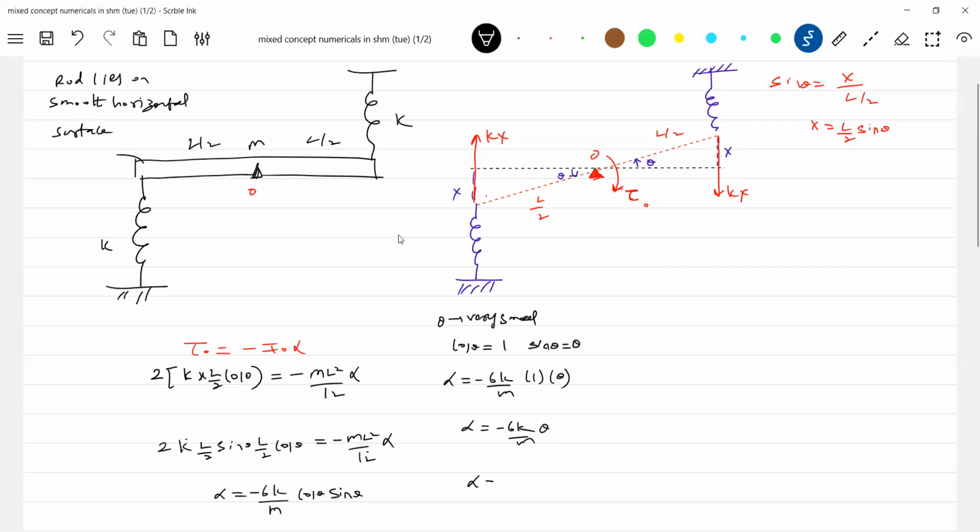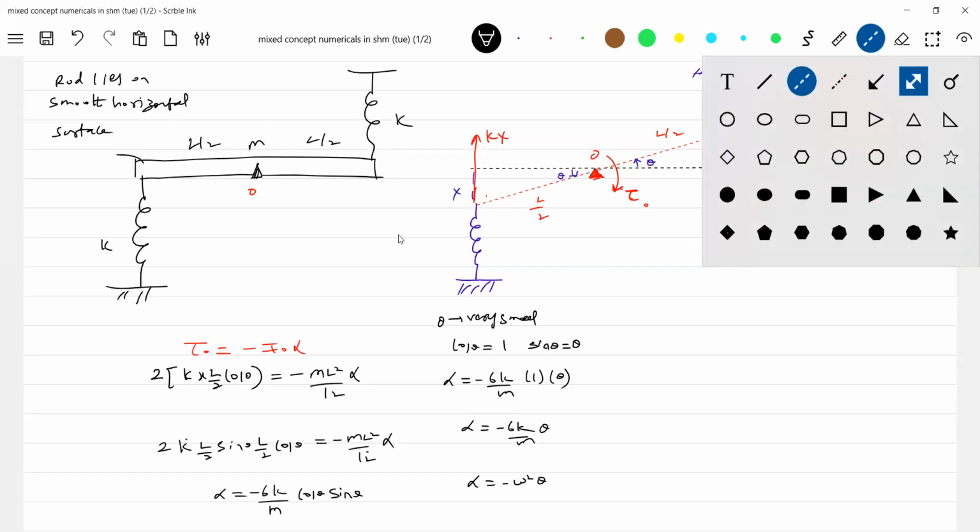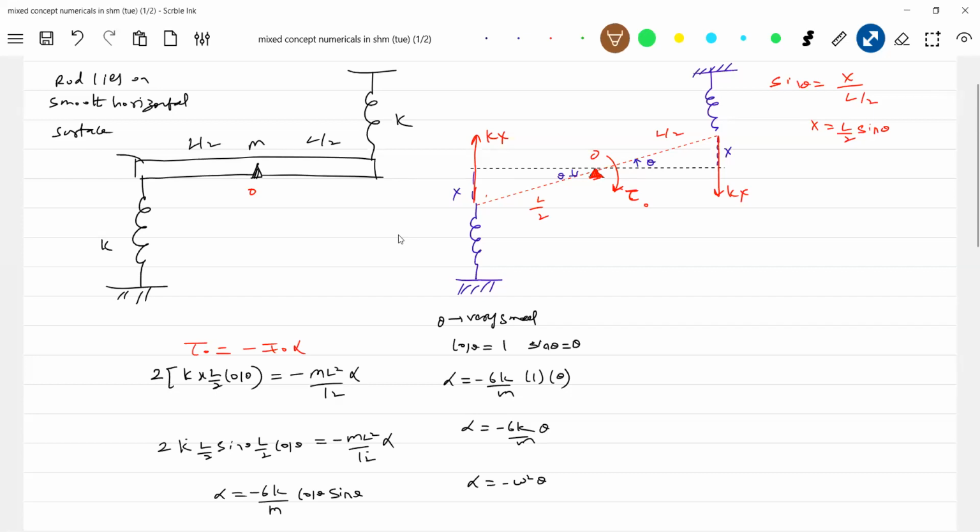This is angular SHM. What we had earlier was a linear SHM, spring block; here it is angular SHM. So the rod is going to oscillate. Actually, both the ends will be oscillating.